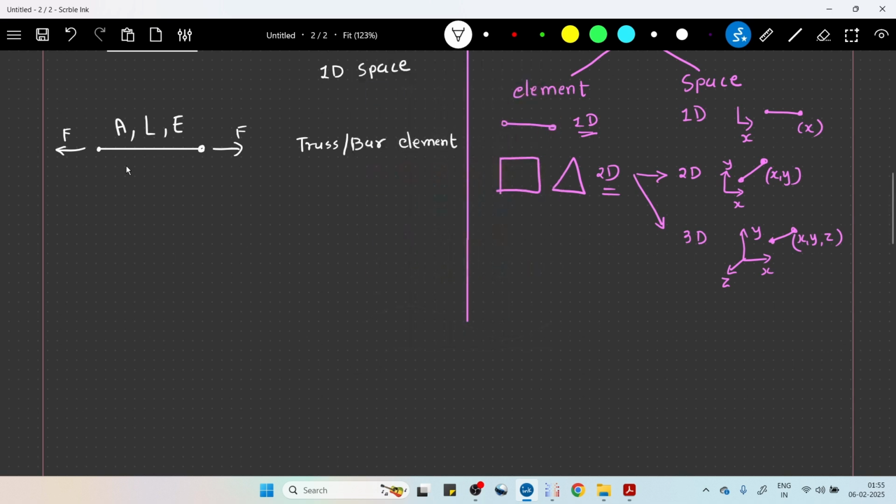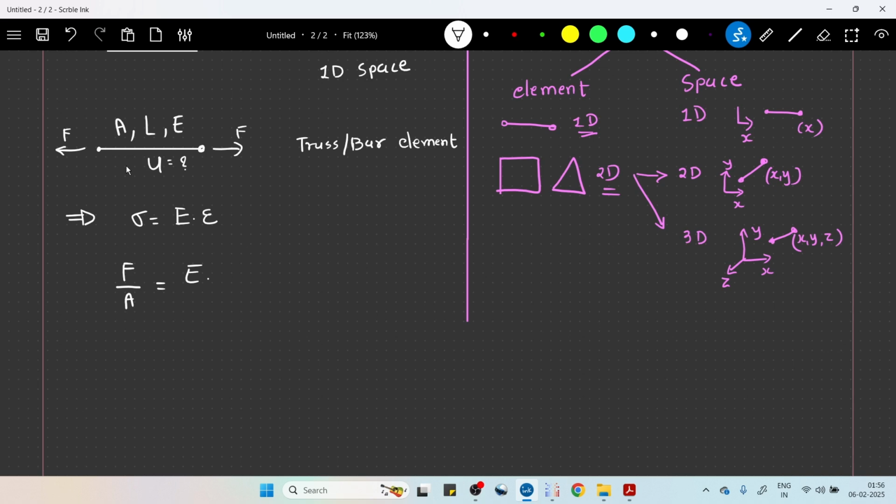We know the stress and strain relationship, right? Sigma is equal to E epsilon. Sigma is force divided by area, equal to Young's modulus E times strain. I want to find the displacement, which I will denote as a small u.